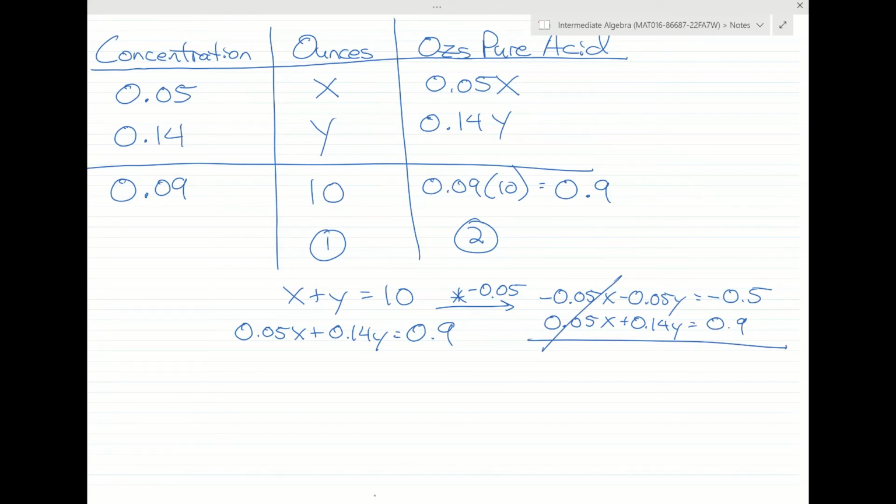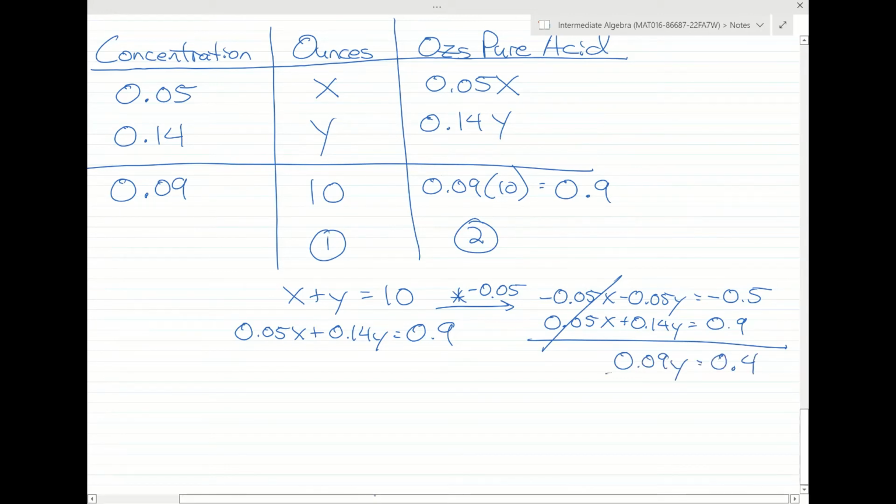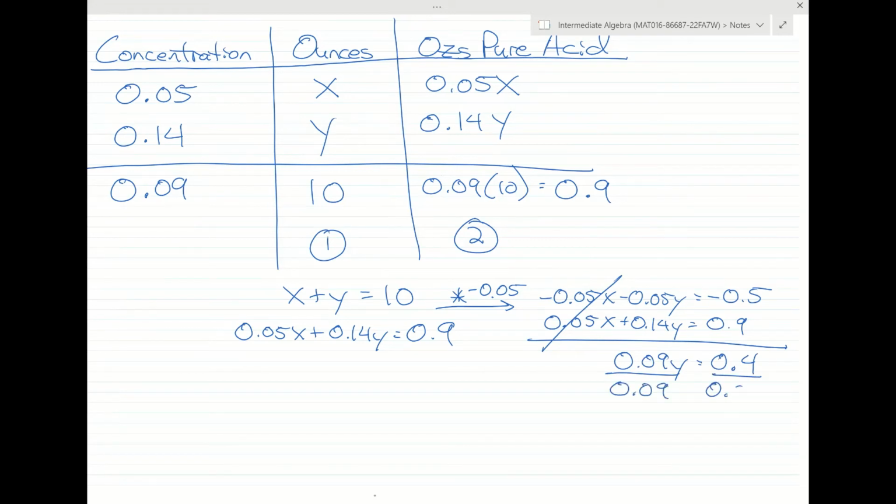Let's see what we get. Negative 0.05 plus 0.14 is 0.09y, which is equal to 0.4. And dividing by 0.09, getting 4.